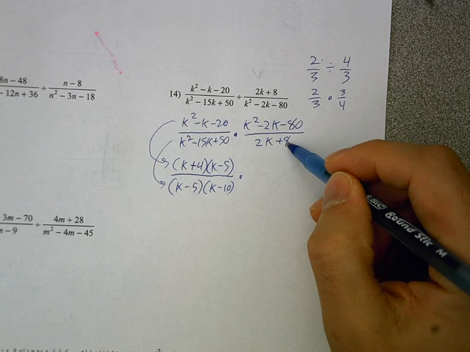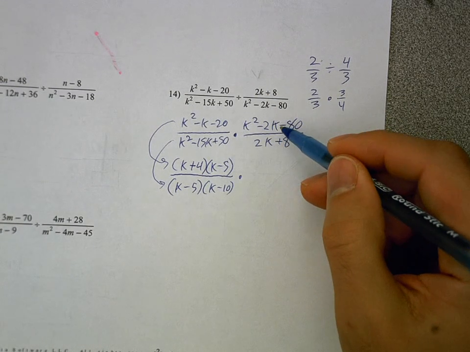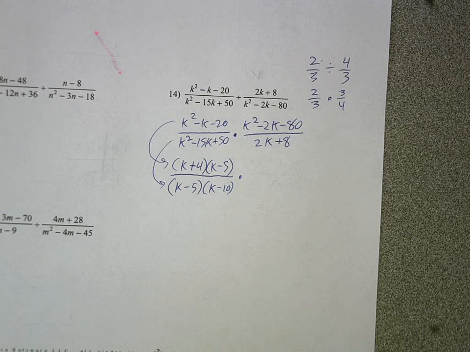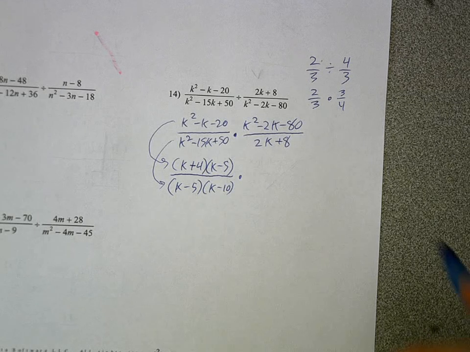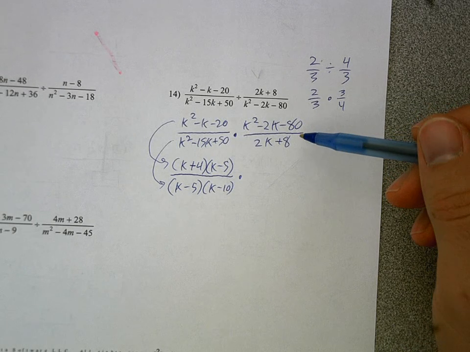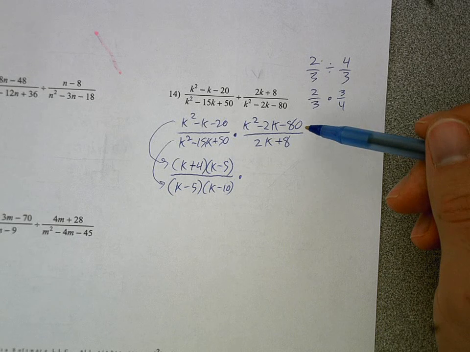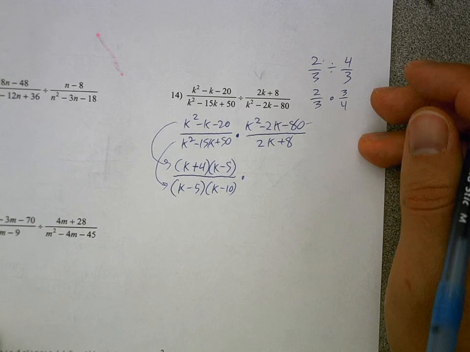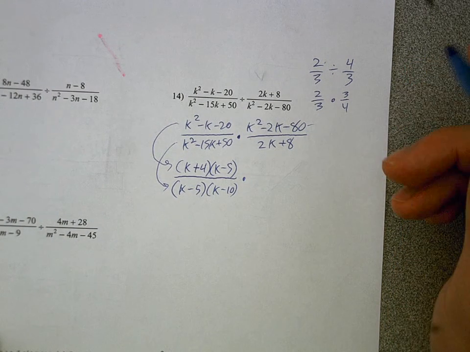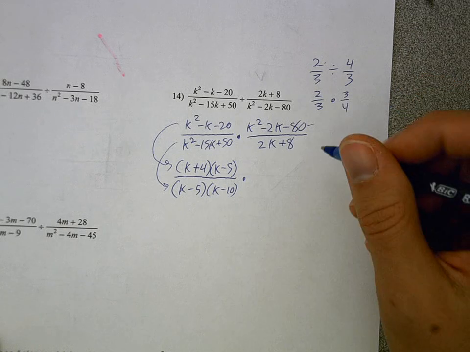Now, the 2k, actually, let's wait on that. K squared minus 2k minus 80. What are some ways to multiply to make 80? Caitlin, any ideas? What are some ways I can multiply to make 80? 10 and 8.